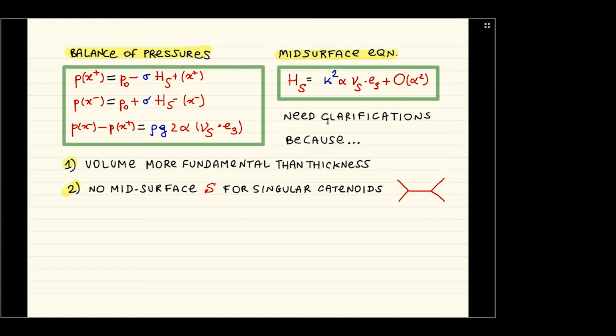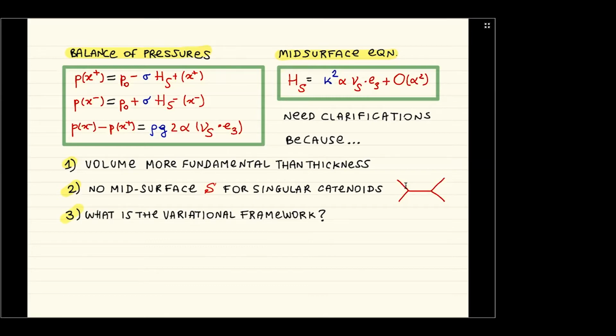And then there is the problem of having used the existence of a mid-surface, while there is no obvious mid-surface. For example, when you think about my catenoid with a singularity, there is not a smooth mid-surface on which I can parameterize my minimal surface in an obvious way, right? So what should one do of this derivation with this continuous normal vector field in situations where the normal vector field is actually not well defined, and these are physical situations?